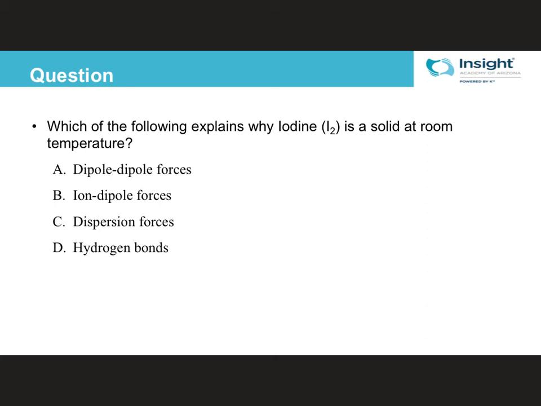Well, iodine is two iodine atoms bonded together, which means they're going to have equal electronegativities. So what was the IMF associated with things that were nonpolar? Your dispersion forces.